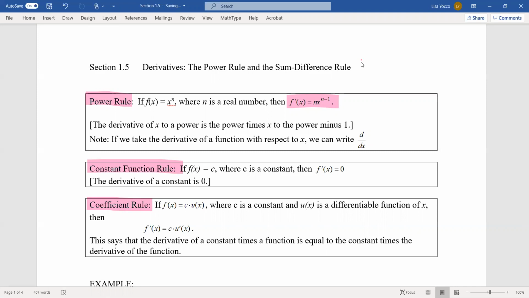In order to use the power rule, the function must have the form that you see right there, which is x to a power, okay?